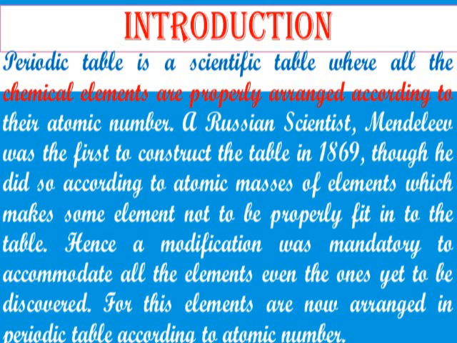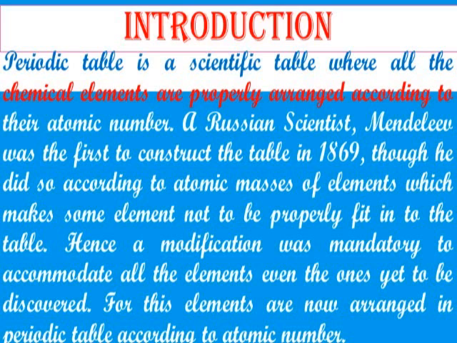Introduction. The periodic table is a scientific table where all the chemical elements are properly arranged according to the atomic number. A Russian scientist called Mendeleev was the first to construct the table in the year 1869, though he did so according to the atomic masses of elements, which made some elements not fit properly into the table.